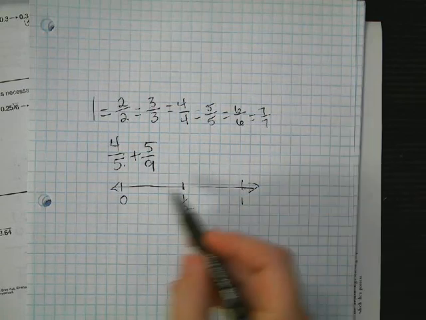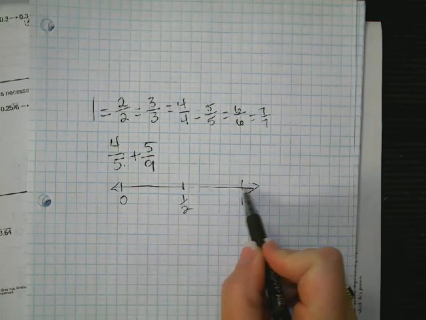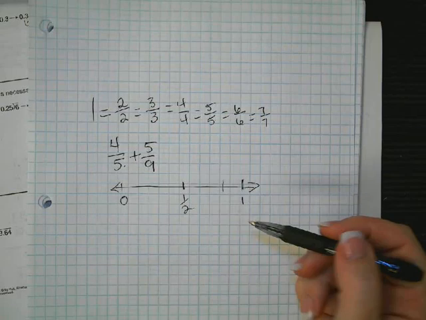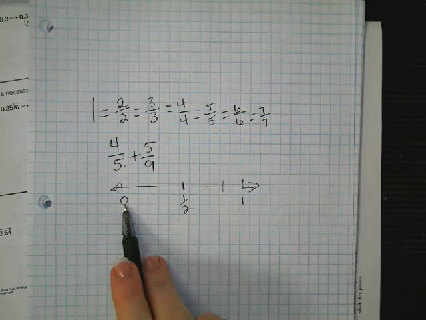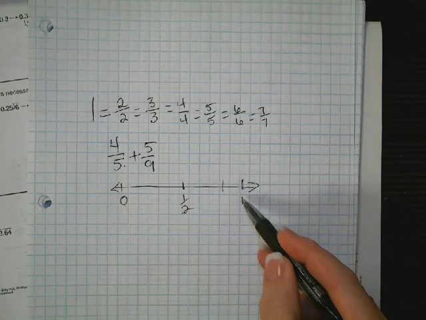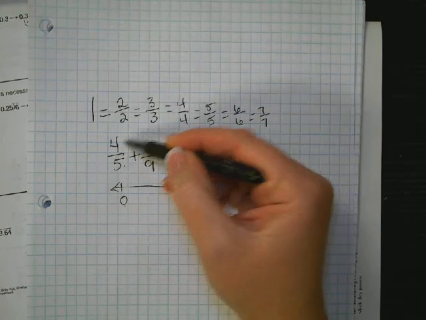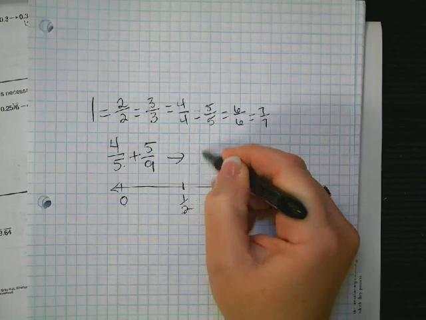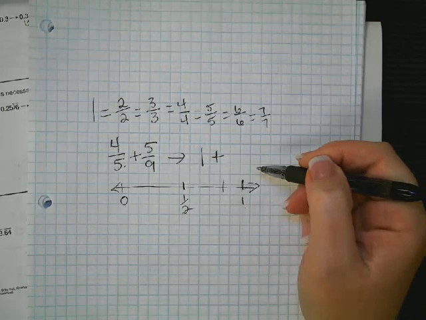Well, if I separated from 0 to 1 into fifths, here's my 5/5. My 4/5 is going to be around here. So if I'm going to estimate 4/5, is it closer to 0, 1/2, or 1? I'm going to say it's probably closer to 1 because it's really close to 5/5. So I'm going to change that to 1 in just estimating.